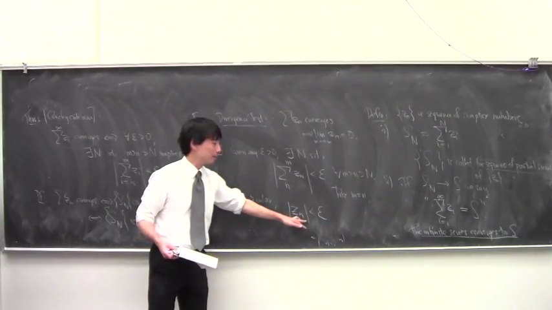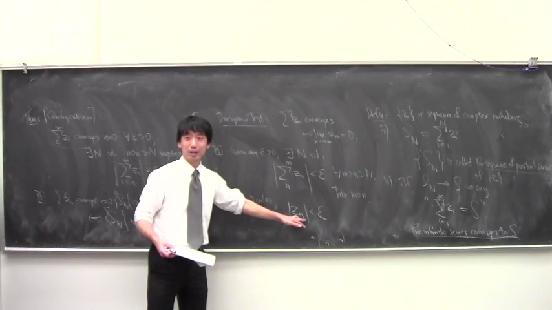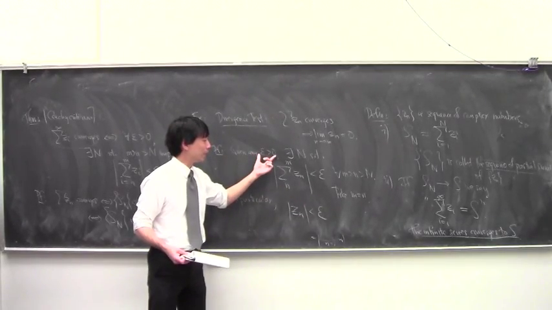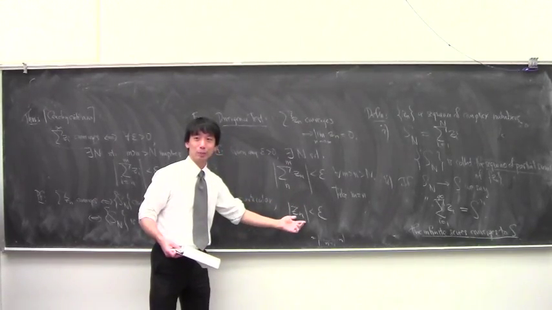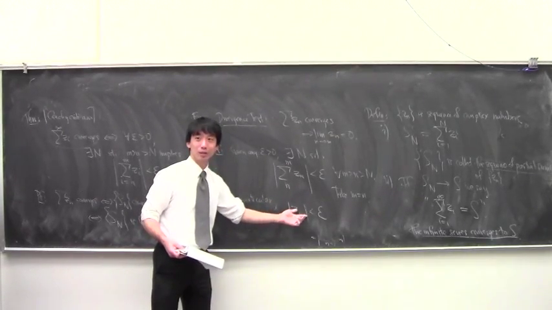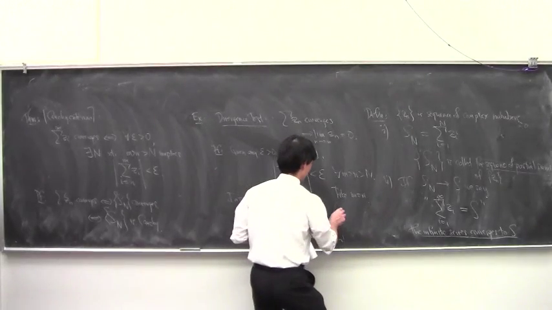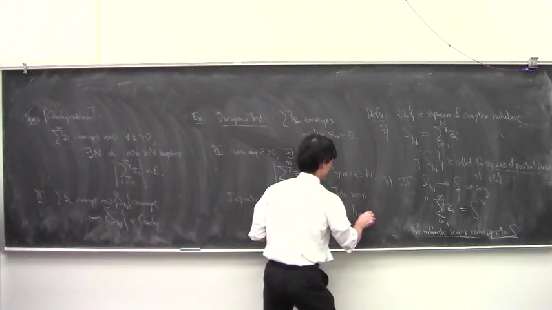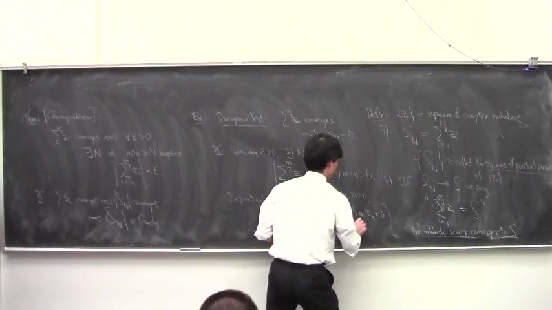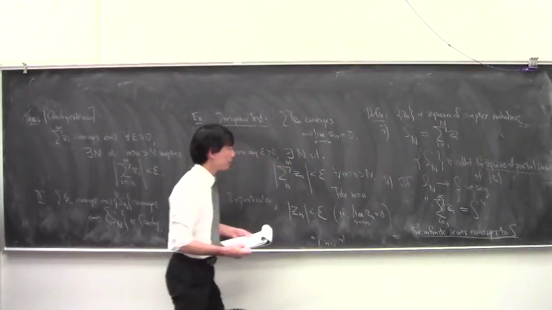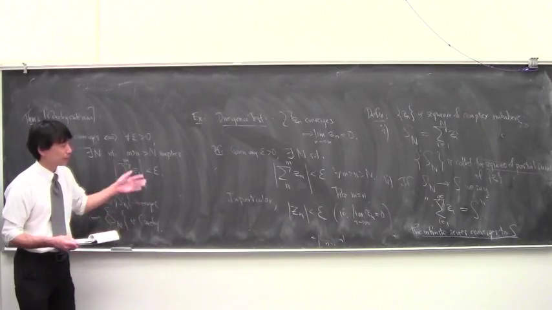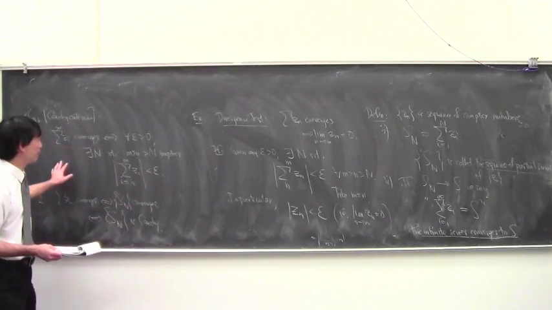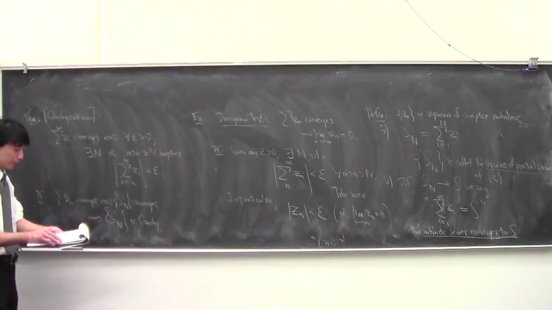That tells you that the sequence goes to 0, because you found that for any epsilon, there's a time past which the modulus of each term is small. In other words, the limit is 0. So, a simple consequence of the Cauchy criterion for series.